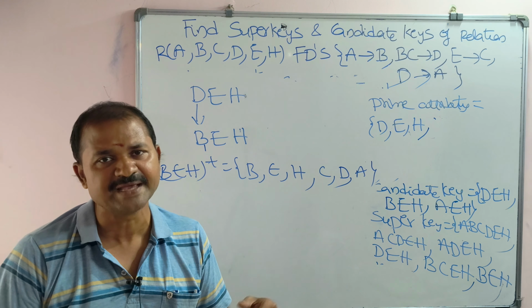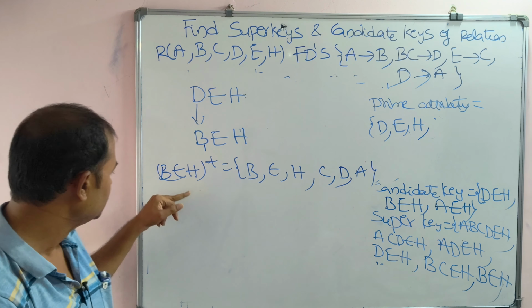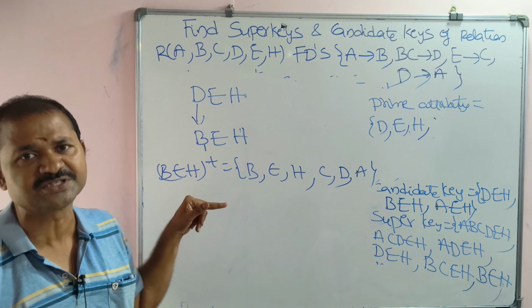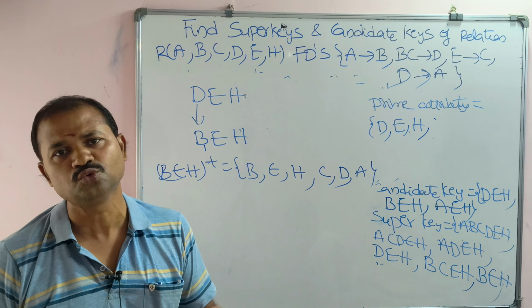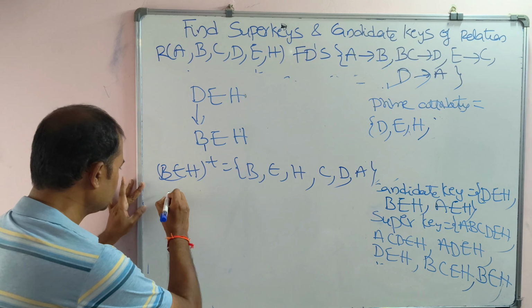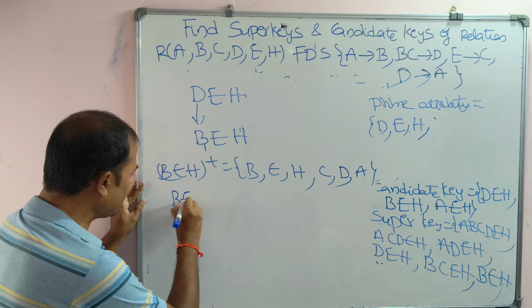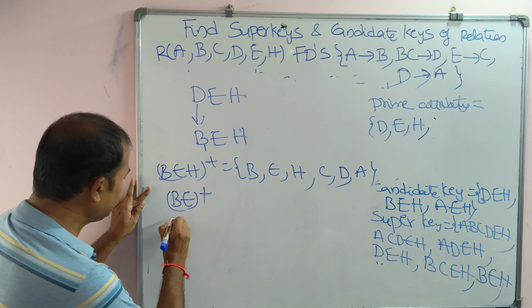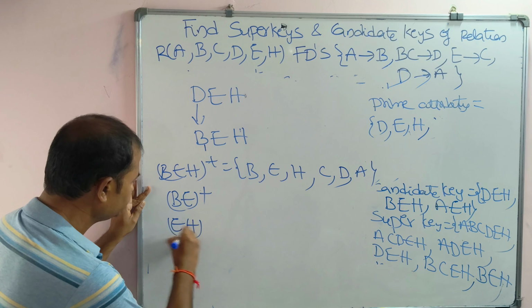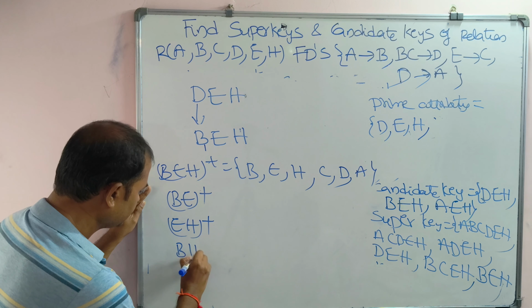So if it can't be reduced further, then we have to determine the subsets. With 2 attributes we have subsets such as BE, EH, BH.